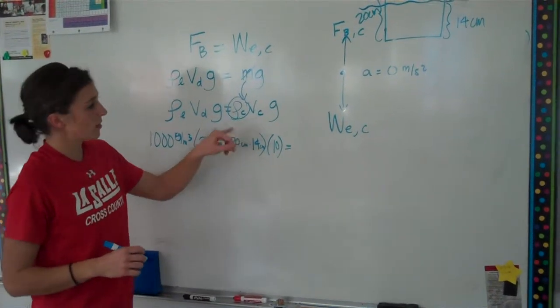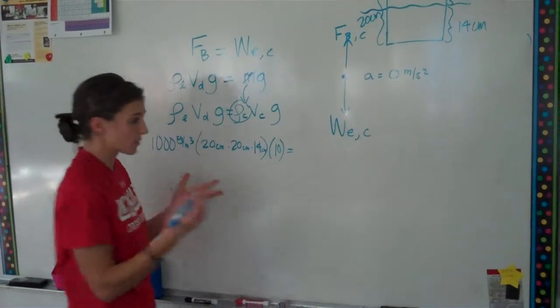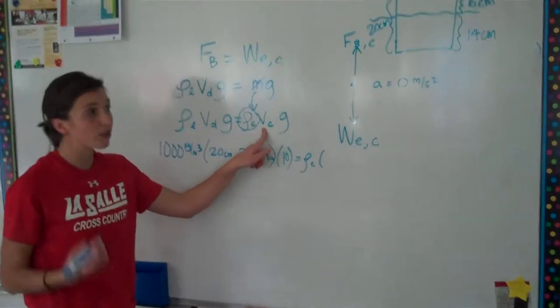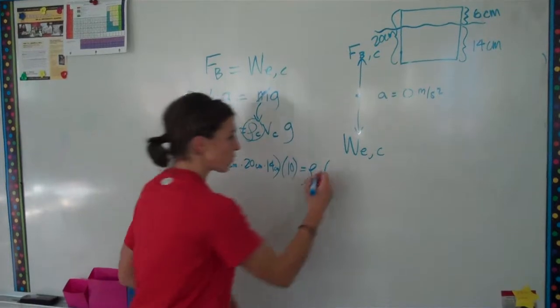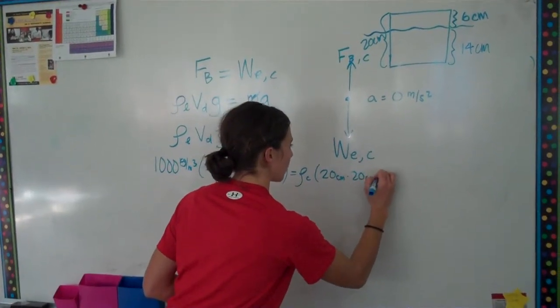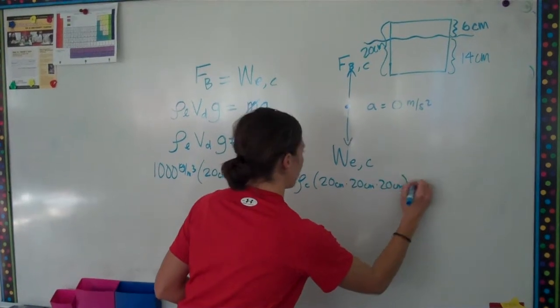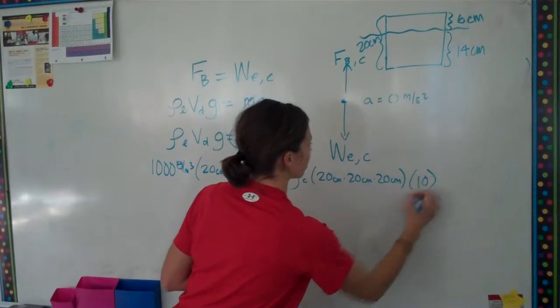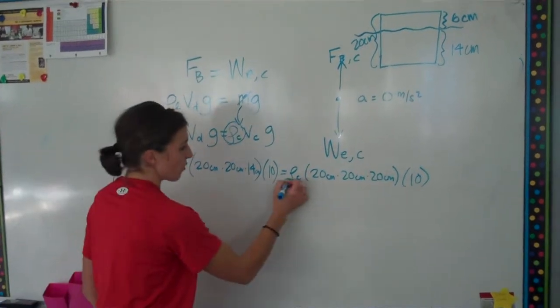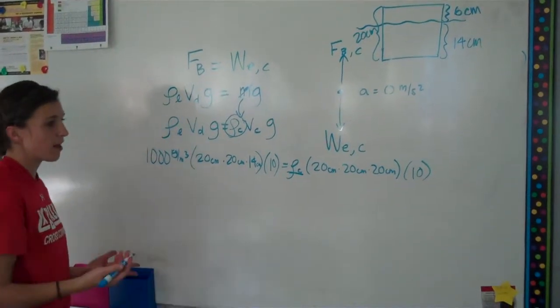And then the density of the cube, we don't know, that's what we're trying to find out. The volume of the entire cube is 20 by 20 by 20, and then times gravity. So this is beautiful because we only have one variable, and now all we have to do is some algebra.